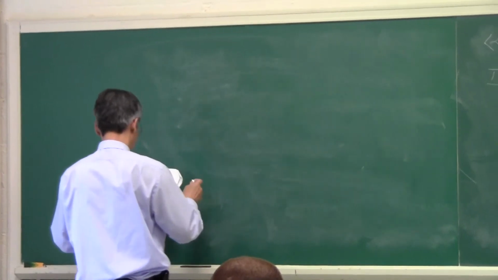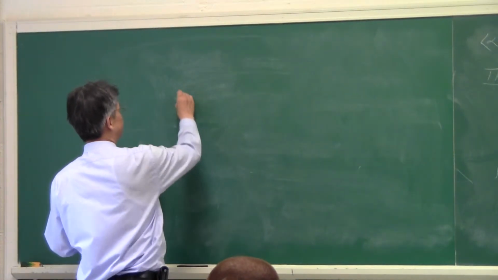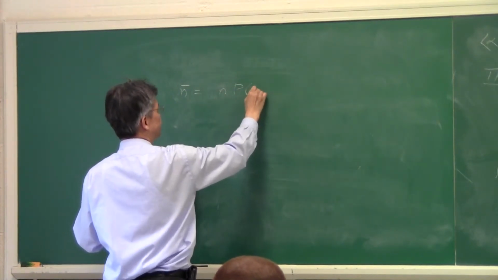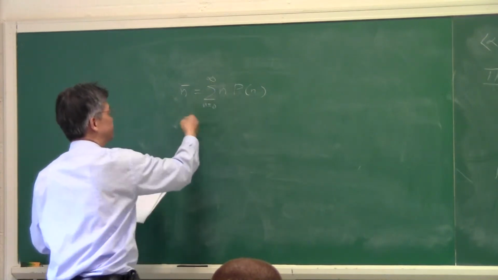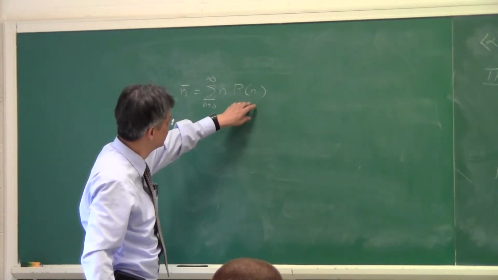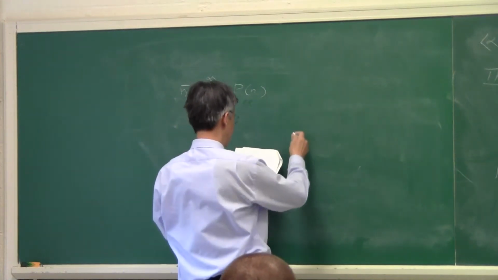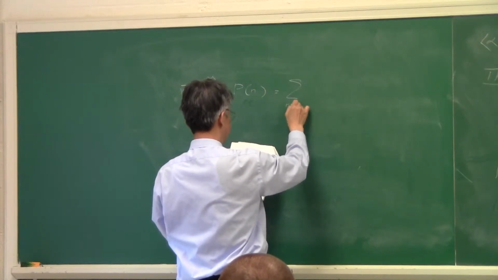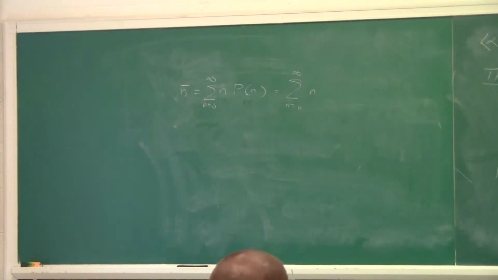So the number of photons that you can have is just n times p sub n, and you sum over n from 0 to infinity. This is the probability of finding the photon with this number, and this is the average. Then you can plug this in here.